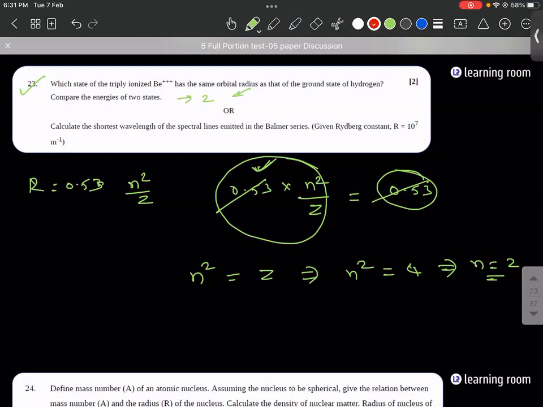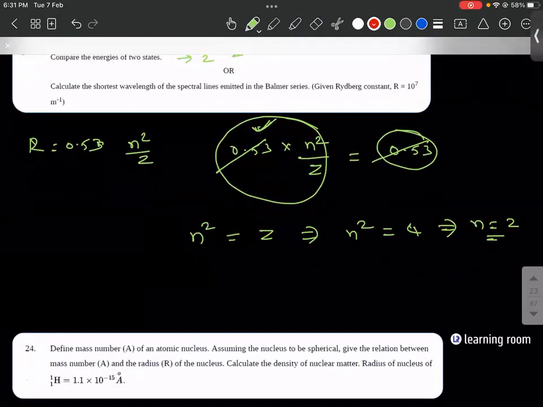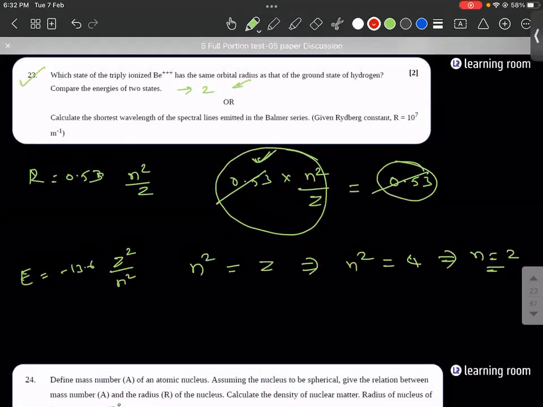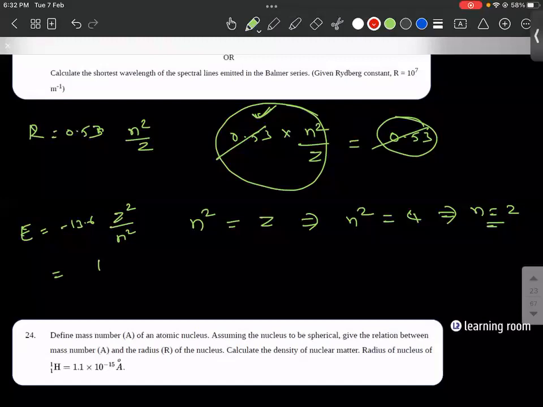So the second state will have the same radius as that of the ground state of hydrogen atom. Compare the energy in both the states. So energy is what? E is equal to minus 13.6 into Z square divided by n square. 16 divided by n square is 4.